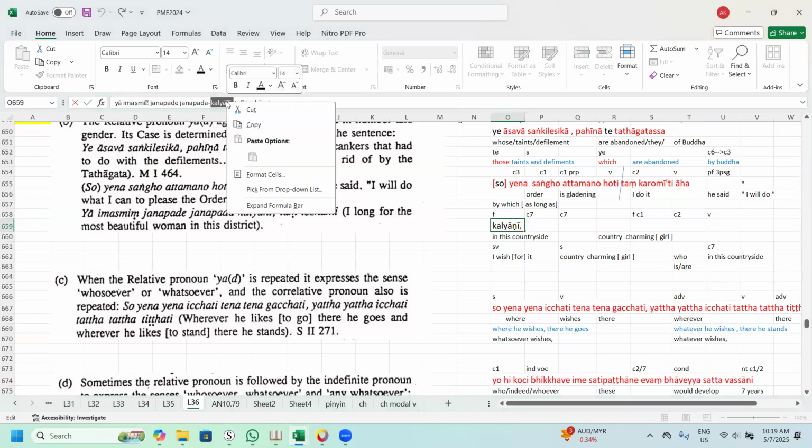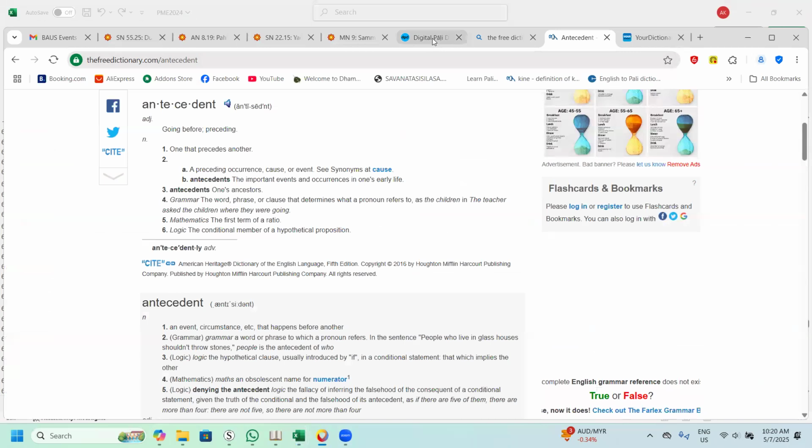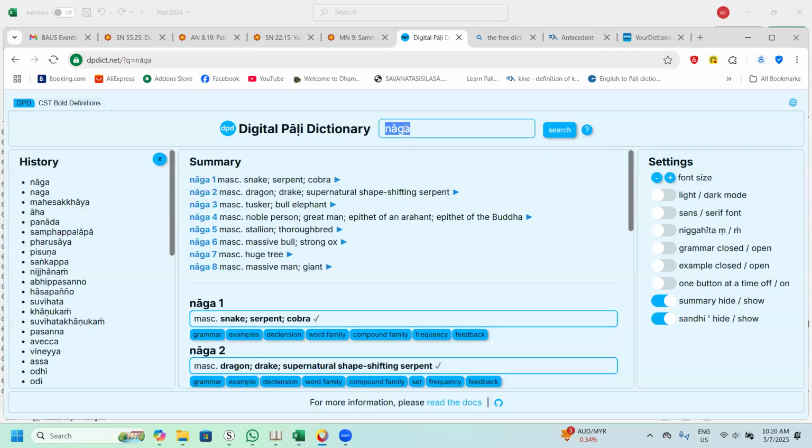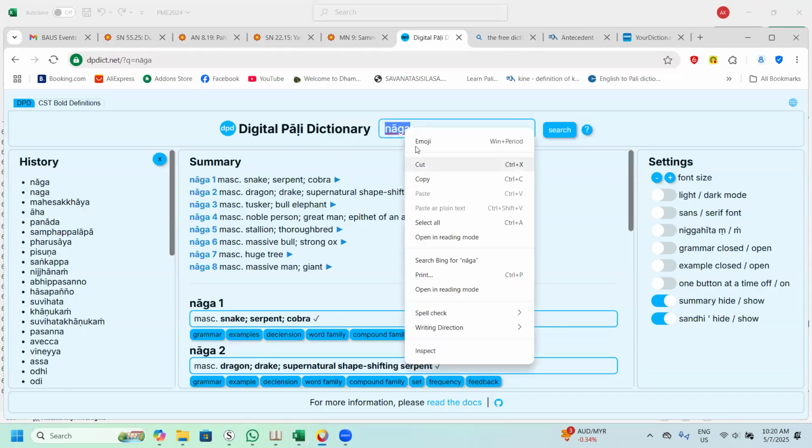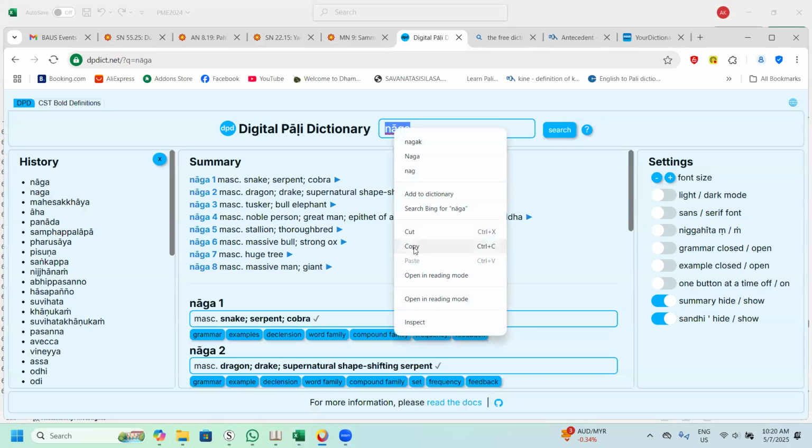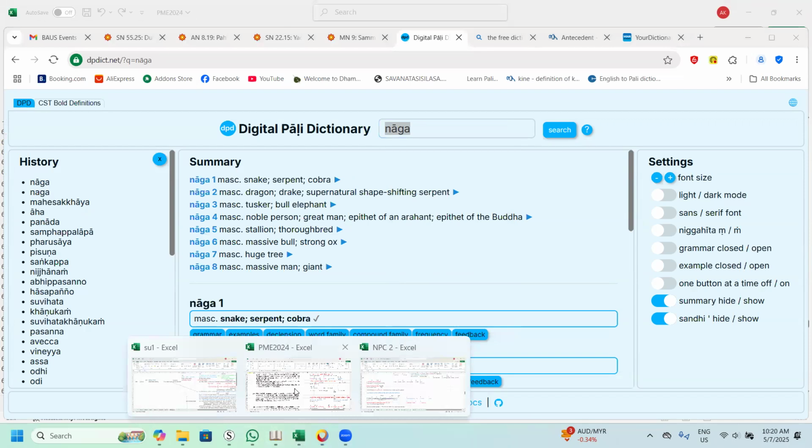You remember the word Kalyana. Kalyana is a masculine noun. You can change a masculine noun to a feminine noun by putting an "i".